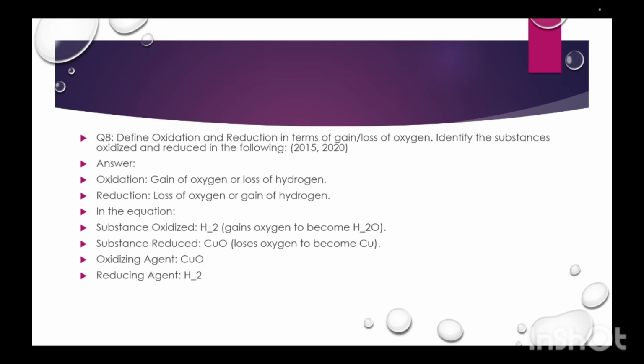So you have to compare between the reactant and the product. Reduction is the loss of oxygen or the gain of hydrogen. In this equation, the substance oxidized is H2. H2 gains oxygen to become H2O, so there is a gain of oxygen and we say it is oxidized.